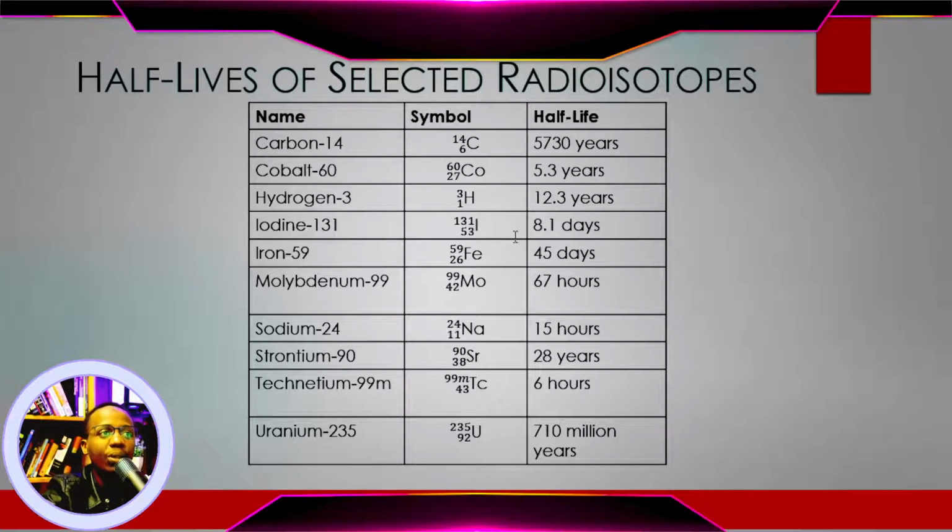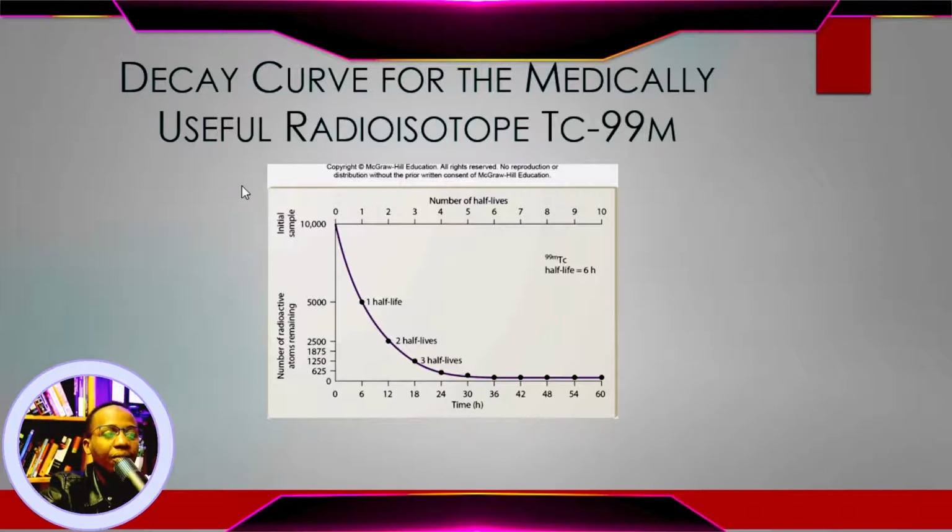So these are examples from 5 to 6,000 years on carbon-14 to uranium that can take 710 million years. And the half-life, this is a typical example of half-life. So the half-life here is 6 hours.